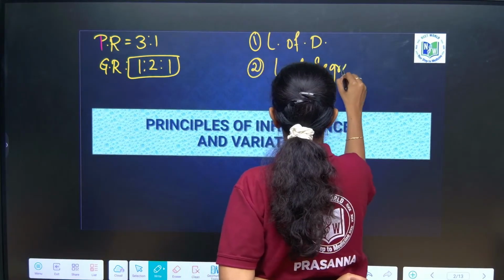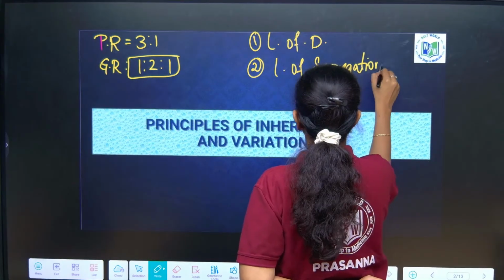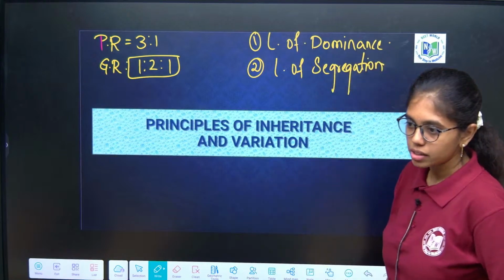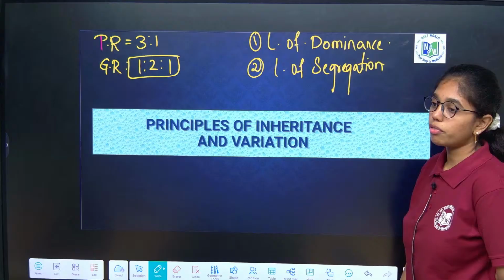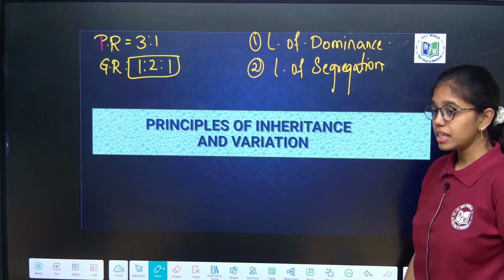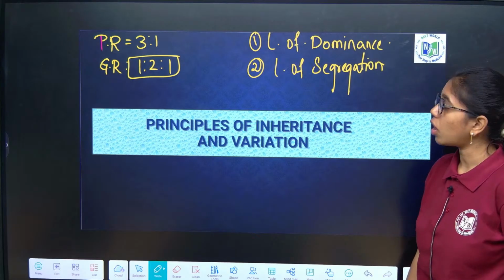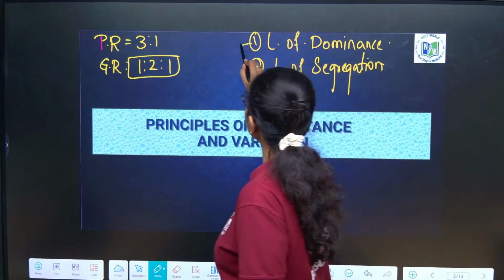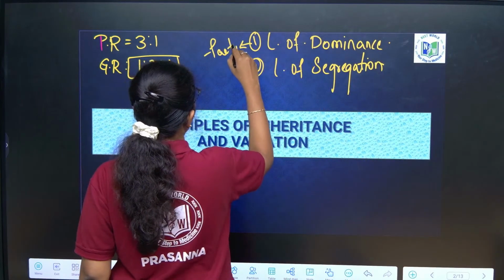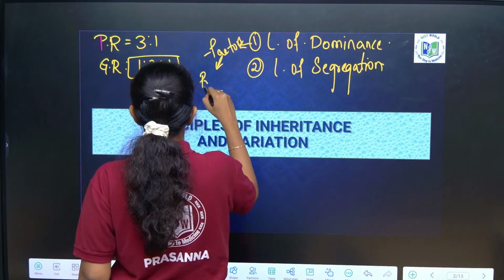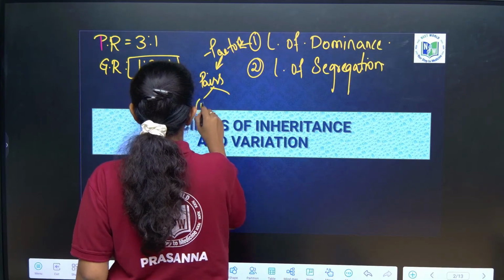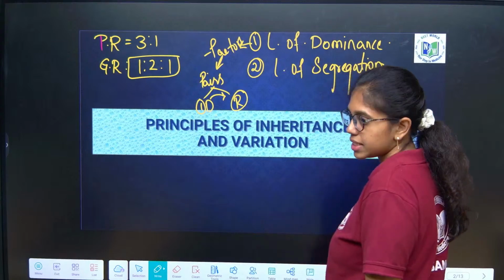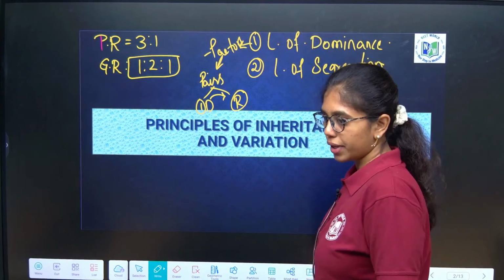From the law of dominance, Mendel said that characters are controlled by discrete units called factors, and factors occur in pairs. Of these pairs, one is dominant over the other. The dominant one is called the dominant allele, the other is the recessive allele.